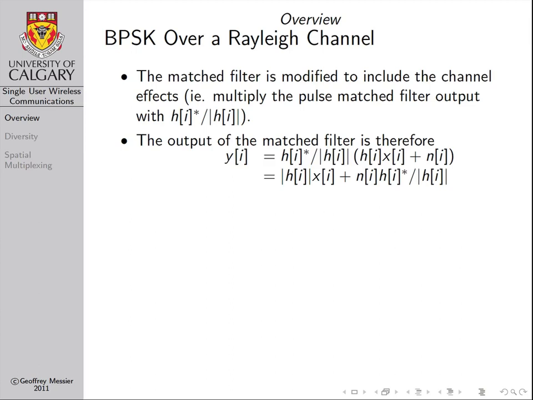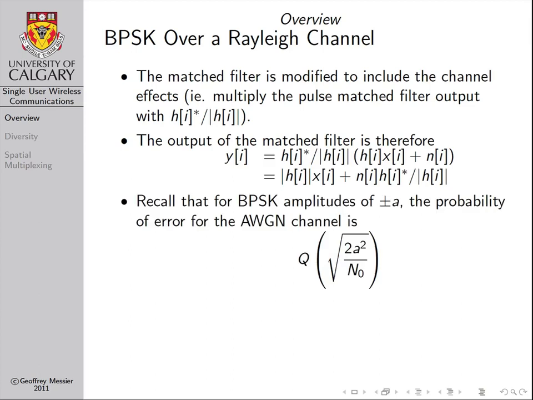So the noise is essentially unchanged, and we have x scaled by the magnitude, the Rayleigh faded magnitude of the channel. So now, using this received signal model, we can derive the bit error rate for the received BPSK signal.